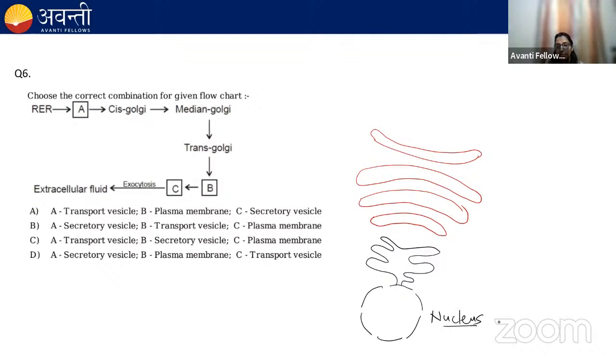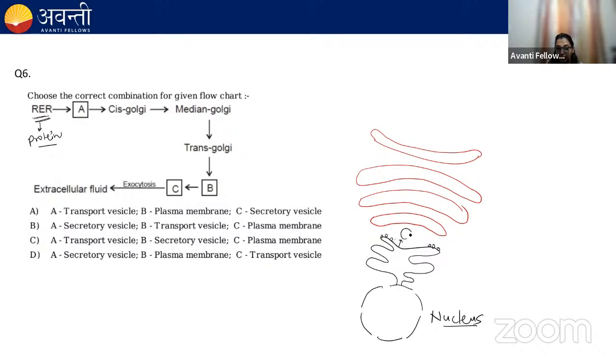And always remember, the outer membrane of the nucleus is continuous with the ER. Okay, remember this point. Here it is given rough endoplasmic reticulum, so I'm drawing ribosomes here. This is a rough endoplasmic reticulum. And we know that the function of the rough endoplasmic reticulum is protein synthesis because it contains ribosomes, and ribosomes are involved in protein synthesis.